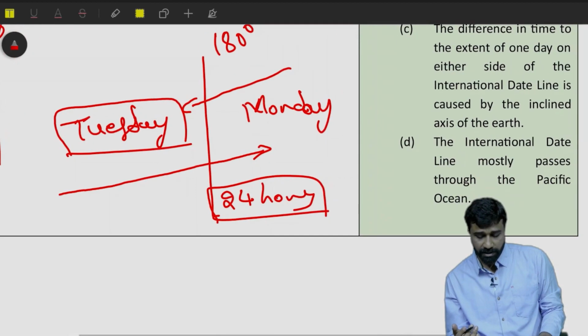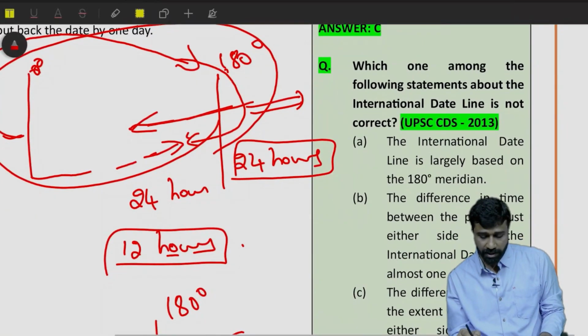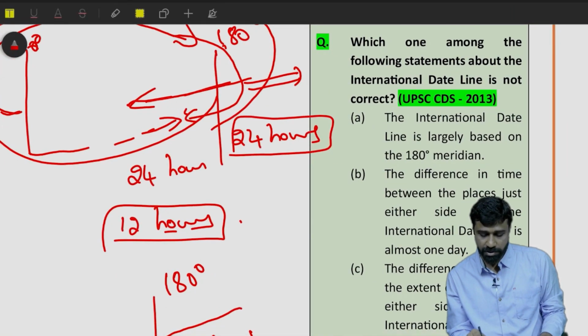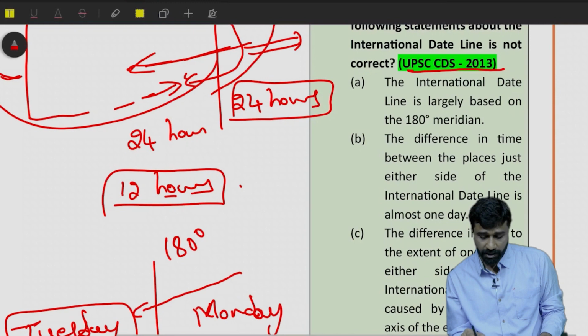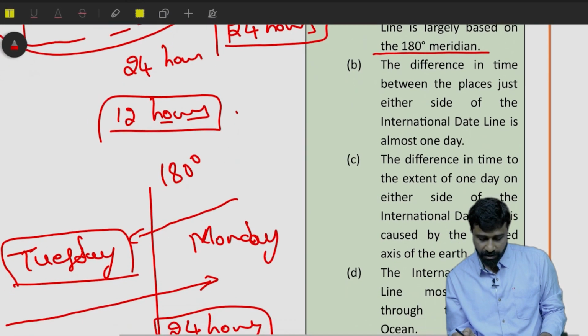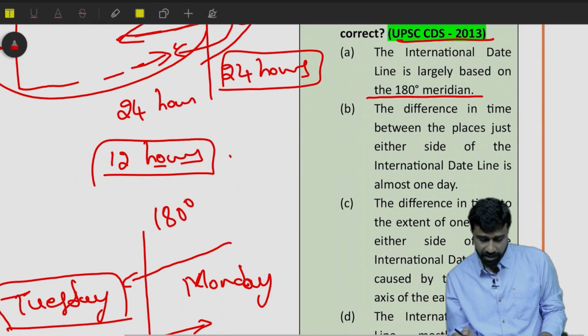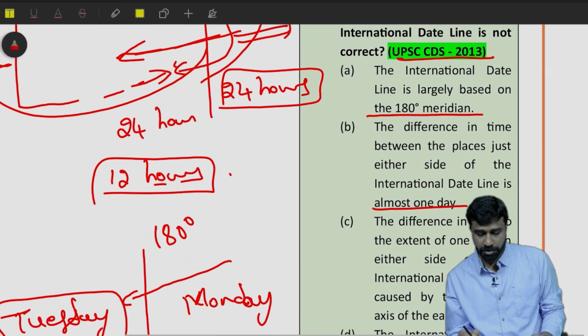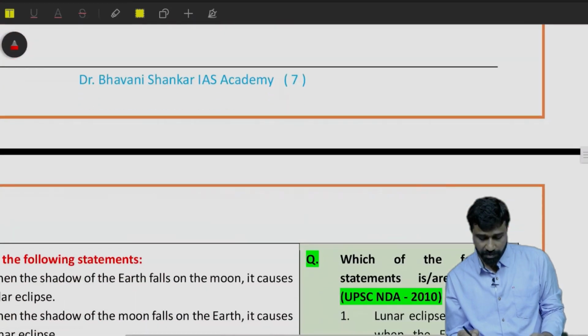This was asked here, and various other previous year questions regarding the international dateline in 2013 also. The 2013 question: it is largely based on the 180 degrees meridian, that is true, and the difference between the places just either side of the international dateline is almost 1 day. What are the statements that are not correct?